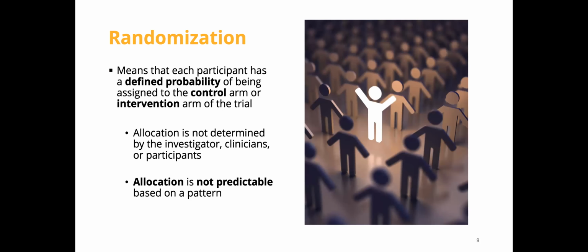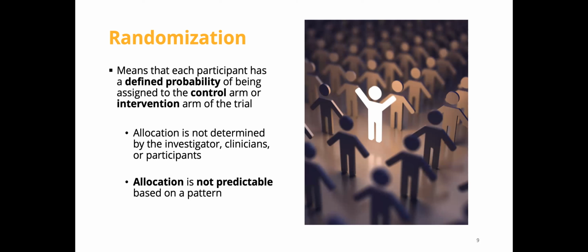So randomization essentially just means that each participant that's eligible for a study, or is included in a randomized controlled trial eligible patient population, has a defined probability of being assigned to the control arm or the intervention arm of the trial. So this means that allocation is not determined by the investigator for the trial, clinicians, or participants, or patient characteristics at all.